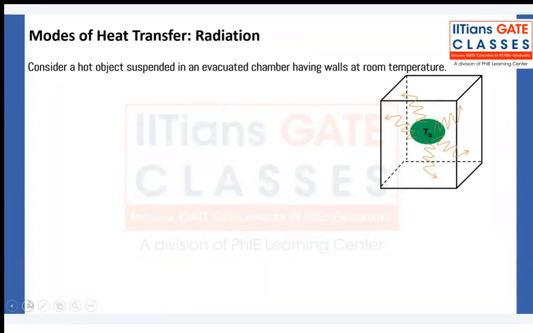And you have removed all the air from the room, so now there is no medium, no air inside the room. The ball is at ball temperature, and the walls are at room temperature, or let's say T infinity. And we know that ball temperature is greater than T infinity.